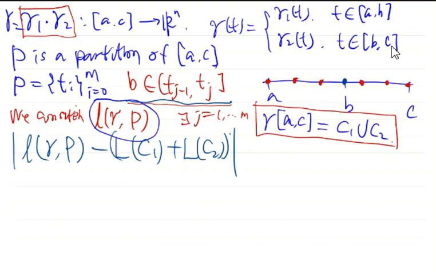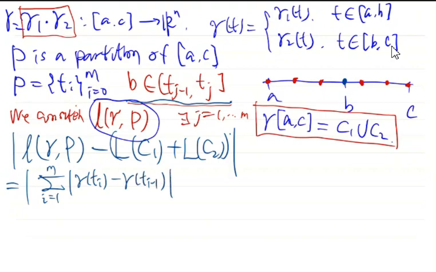By definition, this is the sum over i from 1 to m of the norm of gamma Ti minus gamma Ti minus 1, this is the range of the segment, minus LC1 plus LC2.